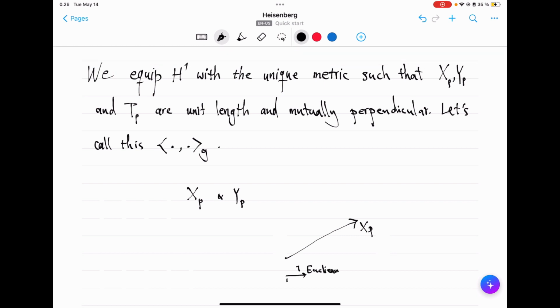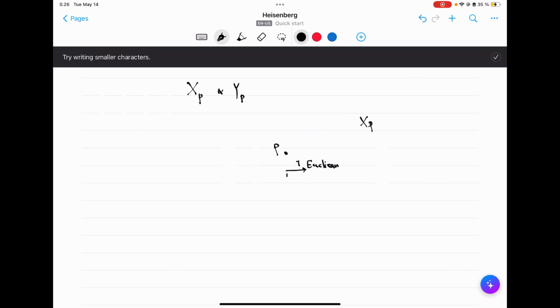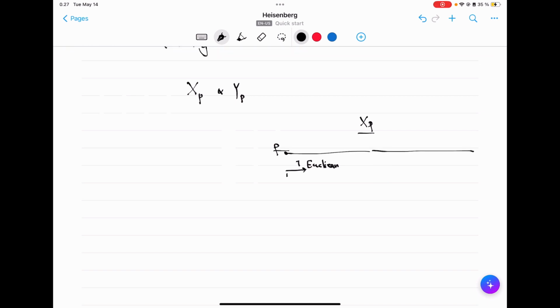In the new metric, the vector xp can be really long. Let me actually make it really long if this thing is going to allow me, which doesn't. So annoying. Okay, so xp may look really long from the Euclidean point of view, but from the viewpoint of G, this still has length 1.